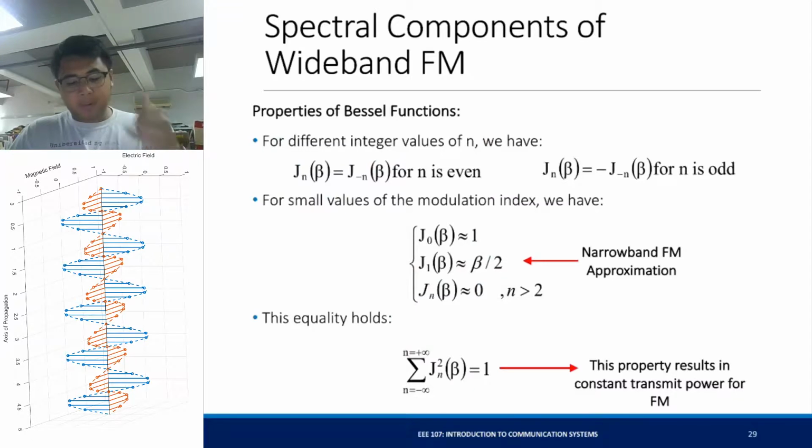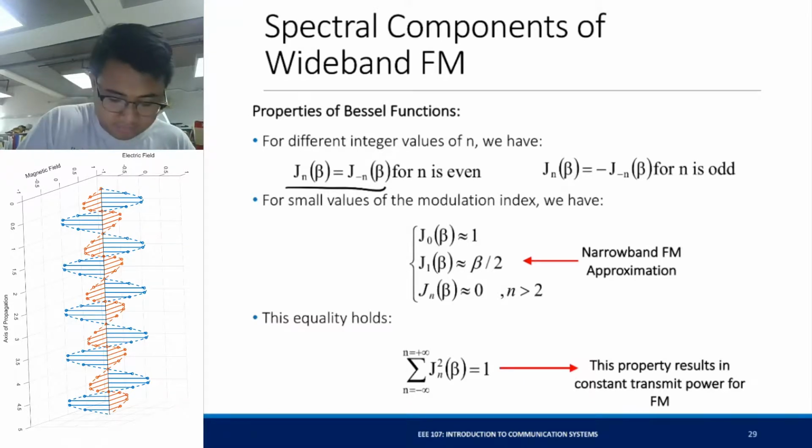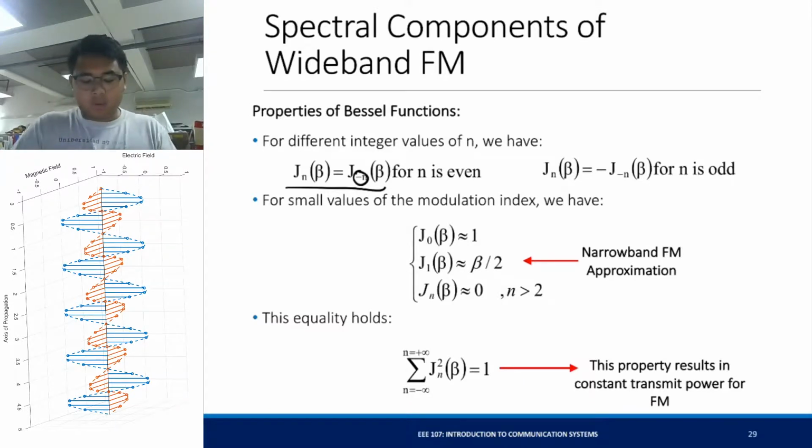Okay, some properties. For different integer values of n, we have this. So for the negative side of your Bessel function, if you have negative n, they're equal if n is even, and it will be negative if n is odd. Okay?